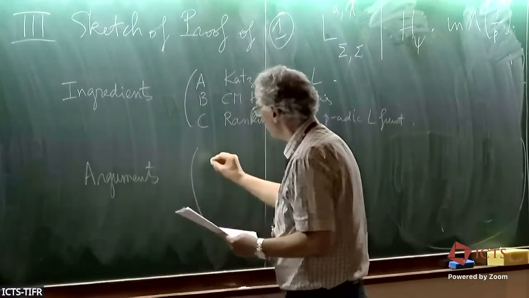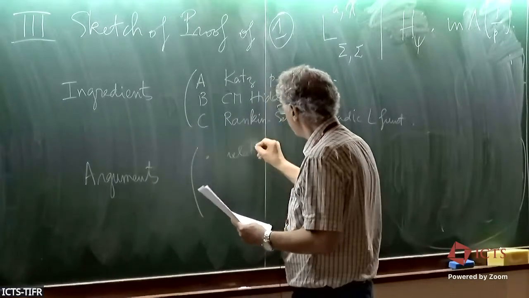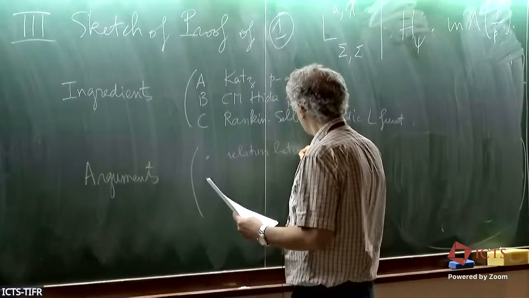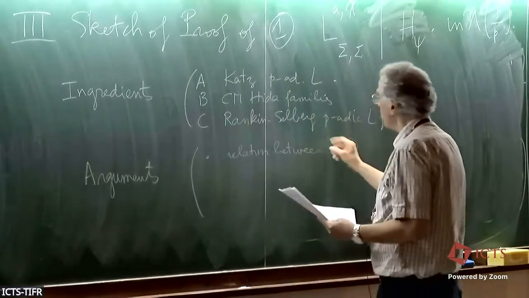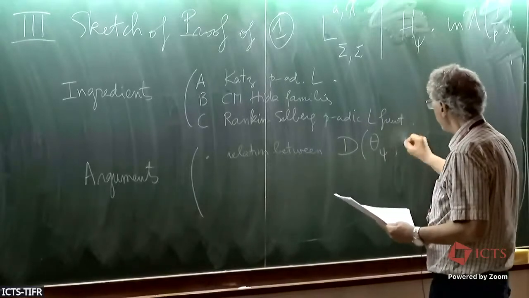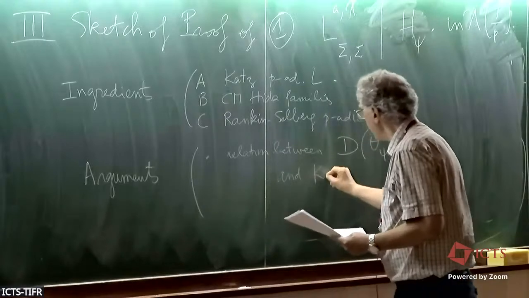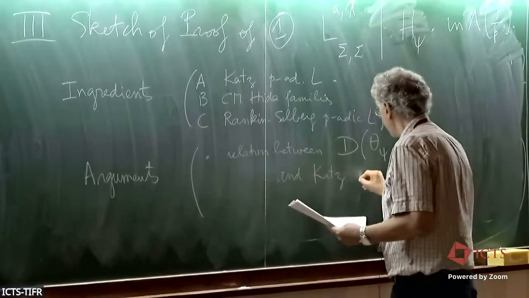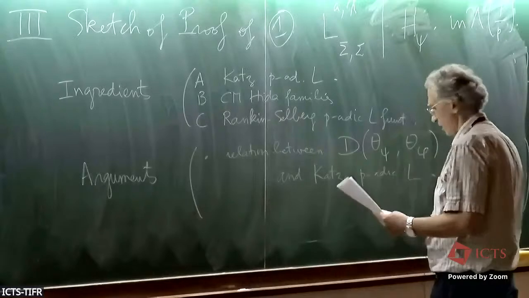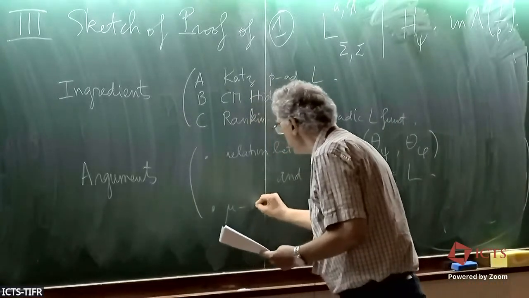So ingredients, arguments: the relation between this Rankin-Selberg applied to 2 CM families and Katz p-adic L. And then there will be a mu invariant argument.